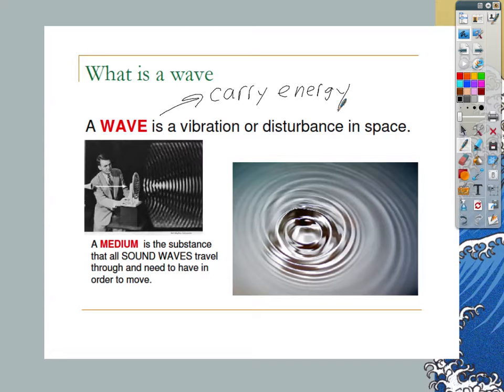Now, it is possible that the wave has to travel through what's called a medium, an actual substance. Like the last example, it could be traveling through water. That water would be called the medium.